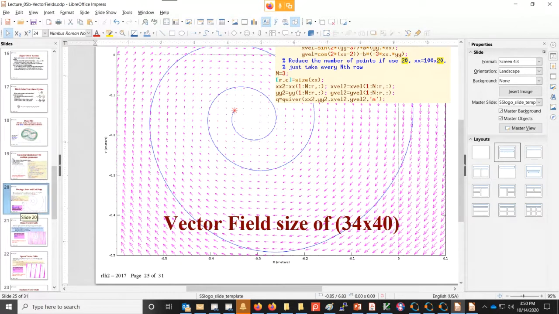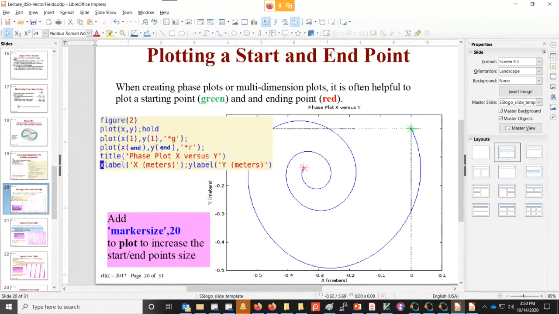All right. Some other things that we can do when we're doing these plots is we can set a start and end point. Since we're not plotting versus time here, it's sometimes hard to tell where we started and where we ended. So in this case, at my first point, I made a big green mark there.